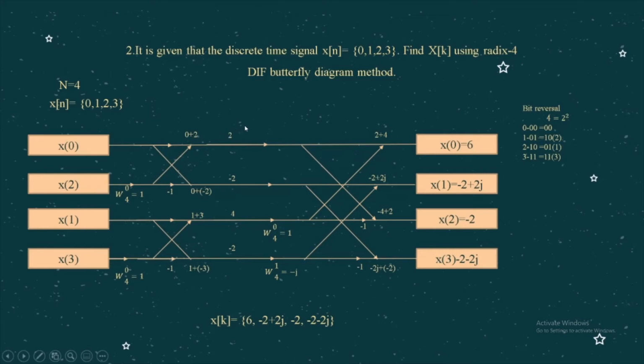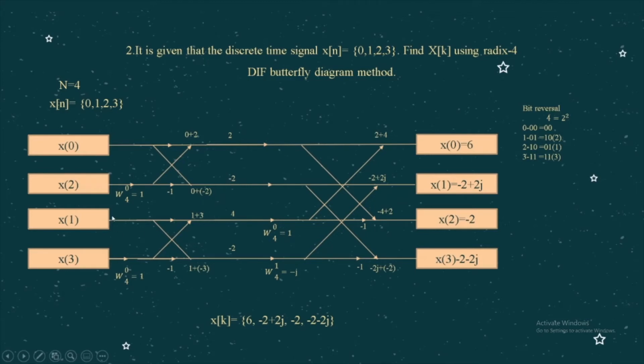So the first one is, as we can see, 0 plus 2 times 1 equal to 2. This one, 0 plus 2 times negative 1 equal to negative 2.